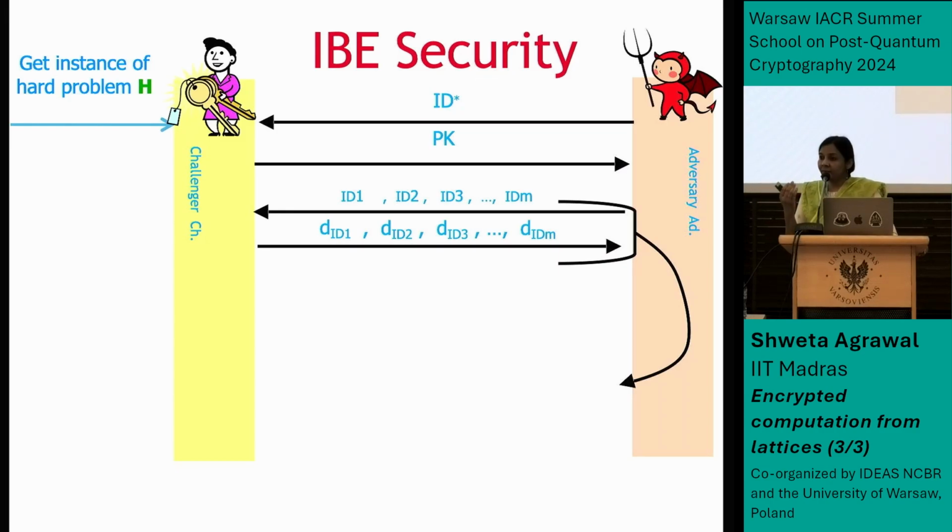And why is this a meaningful scenario? Because in the real world, if I'm an attacker and I want to attack the ciphertext for some particular person, let's say Alice, I could certainly gang up with 10 other people. We could pull together the keys corresponding to our own identities. Note that this is meaningful because all these keys, including the target Alice, are derived from the same master secret.